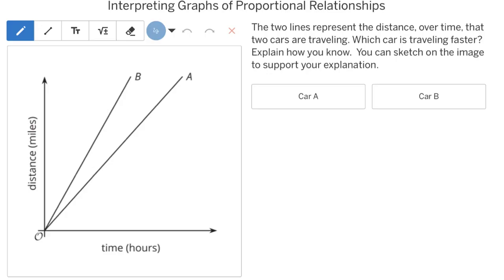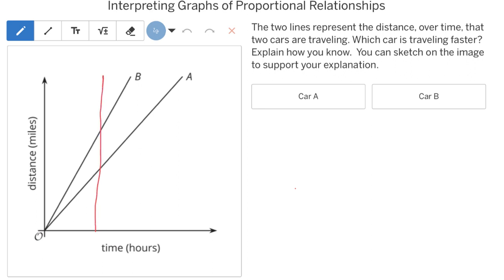In this next question, interpreting graphs of proportional relationships, the two lines both represent the distance over time that two cars are traveling. Which car is traveling faster? Explain how you know. You can sketch the image to support your explanation. One easy way to tell is to use time as a guiding line.